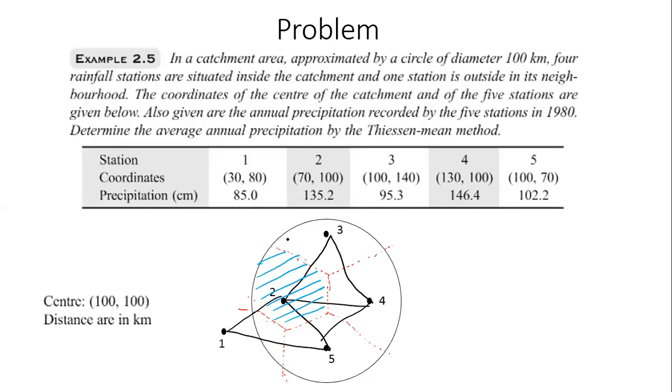And then this area receives rainfall same as station 3. And then this polygon represents rainfall received by location 4, and this other one represents rainfall received by location 5.